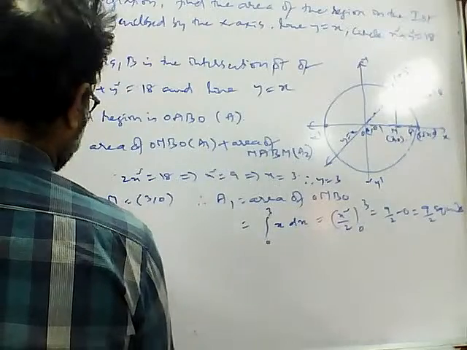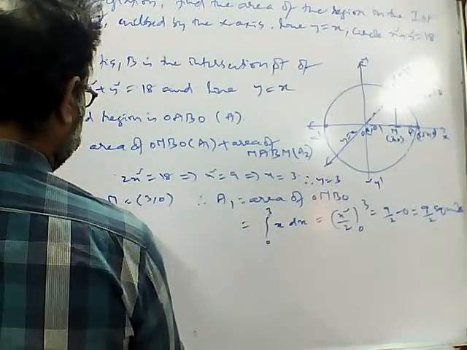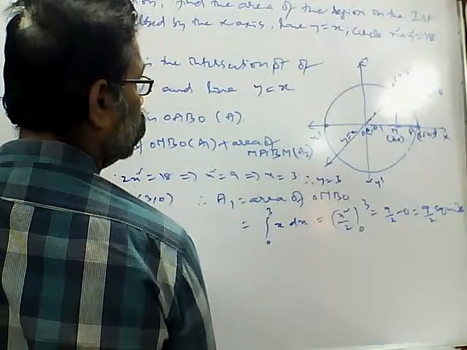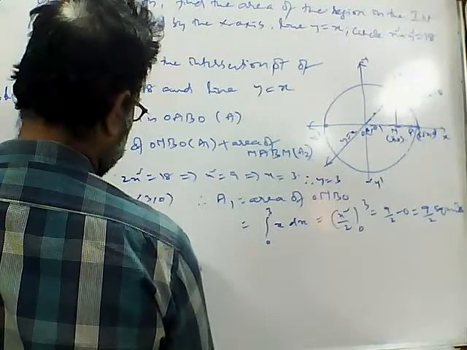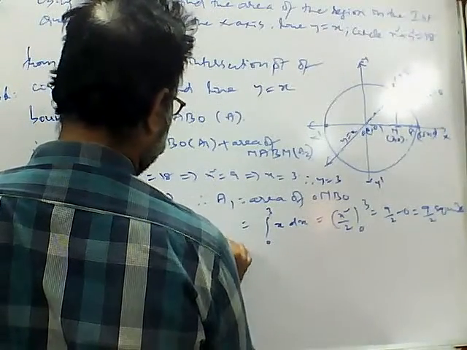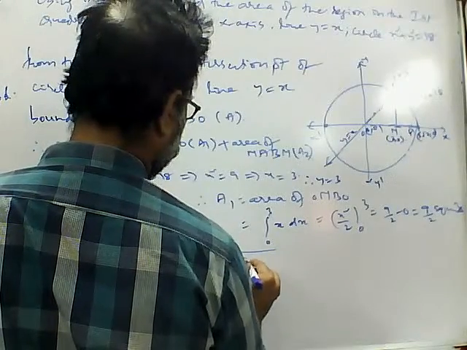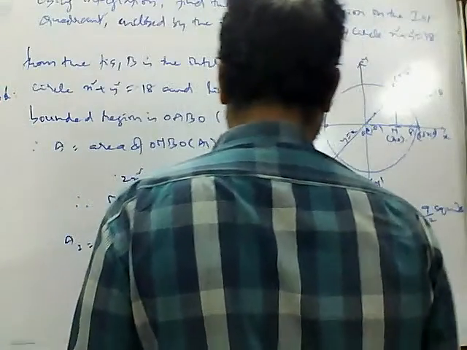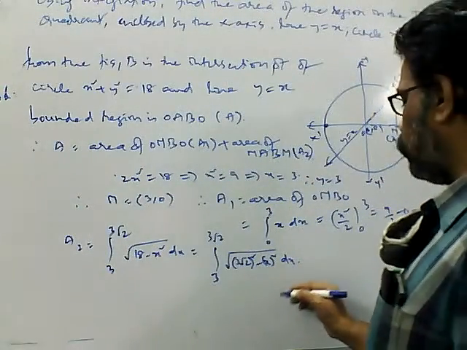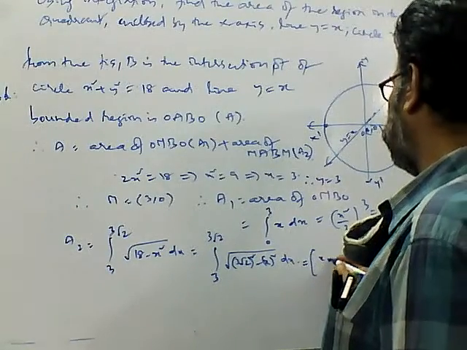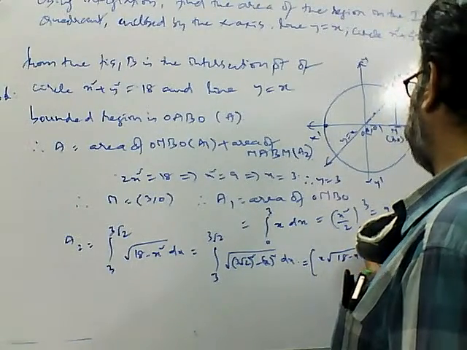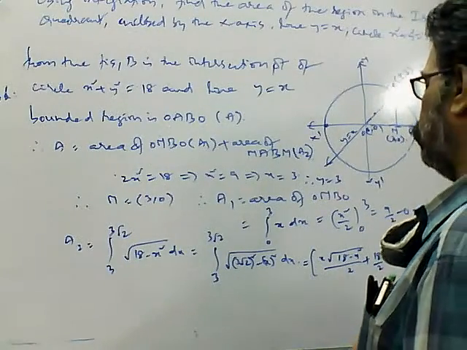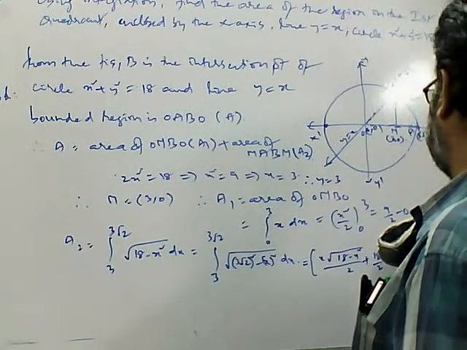Next, A2 is equal to the integral from 3 to 3 root 2, this area being bounded by the curve. So root of 18 minus x square dx, which is the integral from 3 to 3 root 2 of root of (3 root 2) whole square minus x square dx. This is our formula: x by 2 into root of a square minus x square, plus a square by 2 means 18 by 2 into sine inverse x by a.